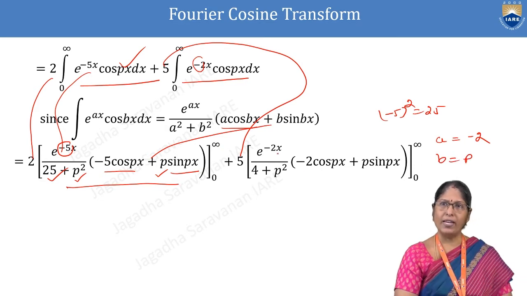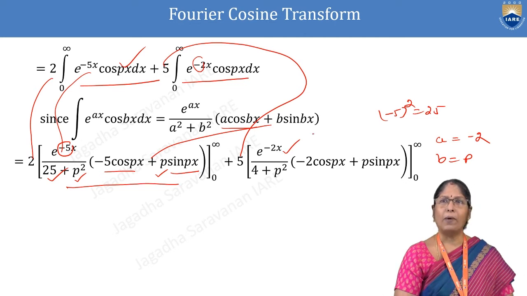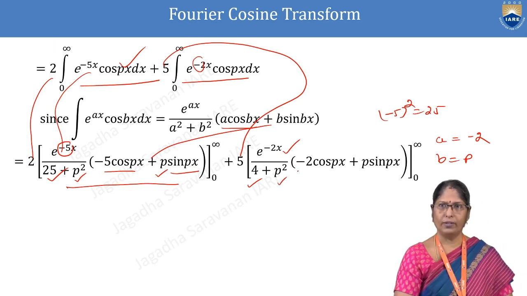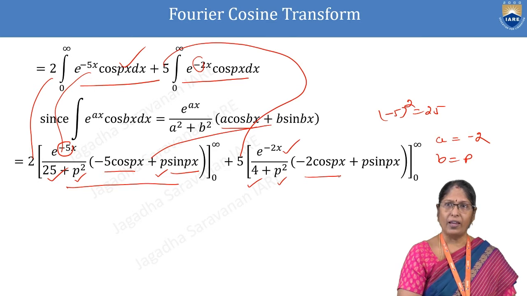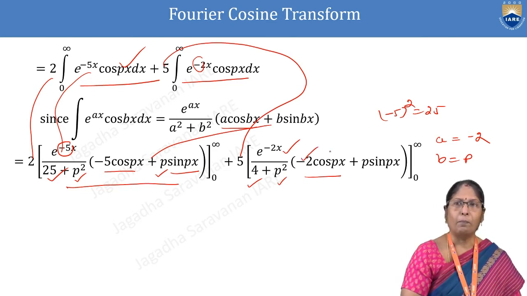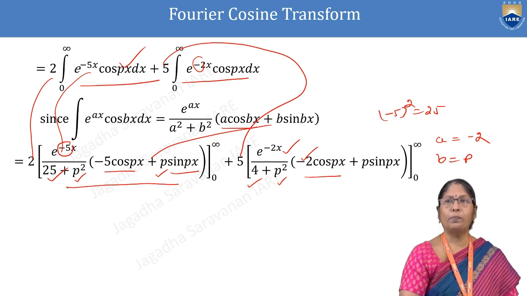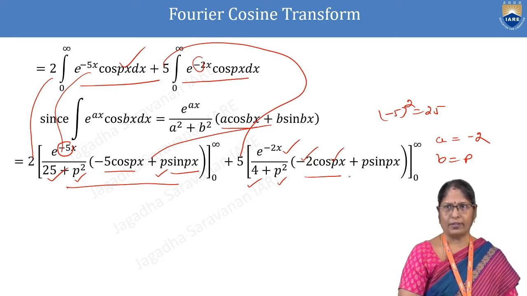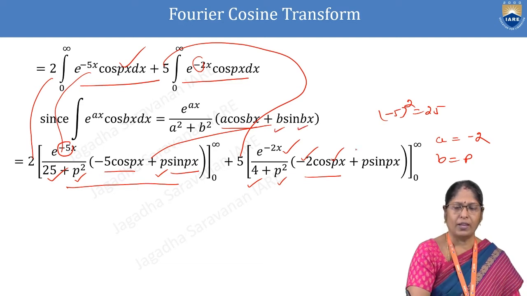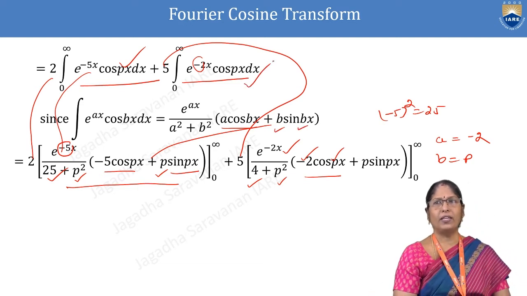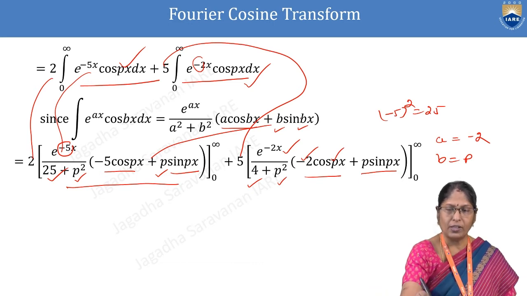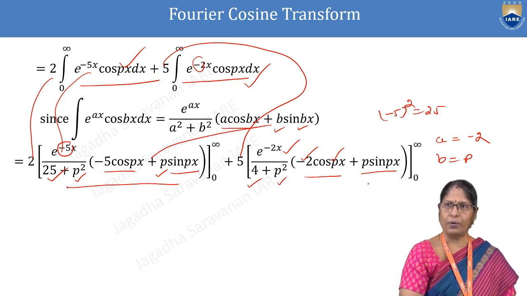So it's e power minus 2x divided by 2 square plus p square, into a cos bx, where a is minus 2, so minus 2 cos px, plus b sin bx, where b is p according to our problem. So in the formula we put p.